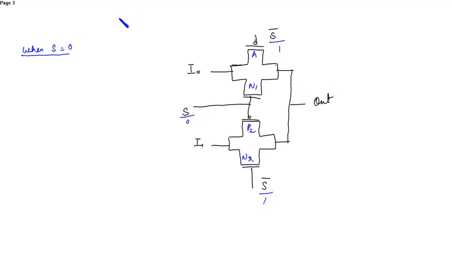As we know that if input is 0, then PMOS is on and NMOS is off. If it's 1, then PMOS off and NMOS will turn on.